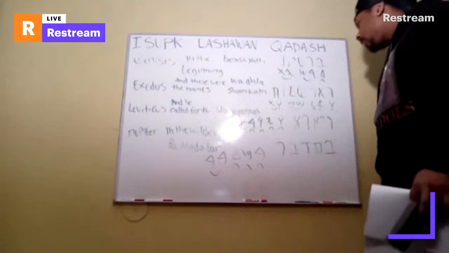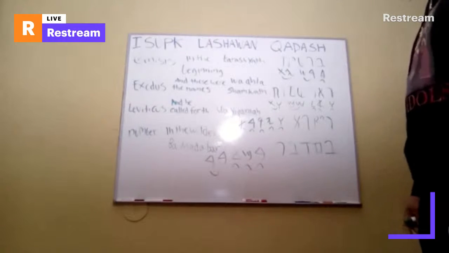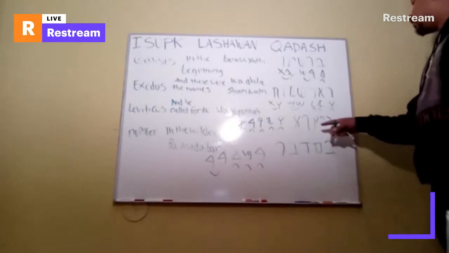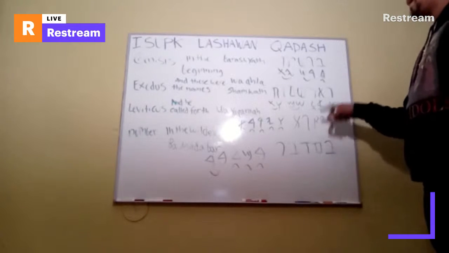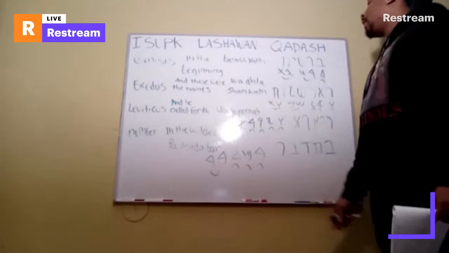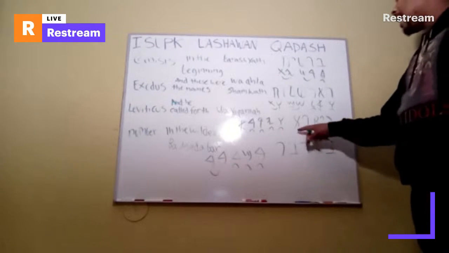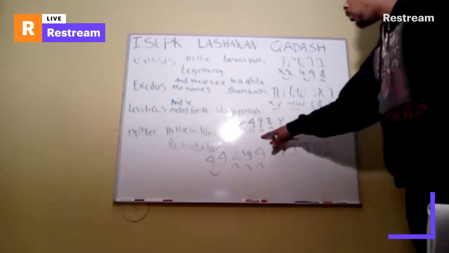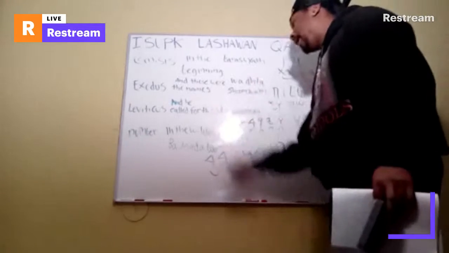Wa Yaka Ra'ah. Assyrian way of spelling it. Wa Yaqwa Ra'ah. Right? Leviticus, or and he called forth.